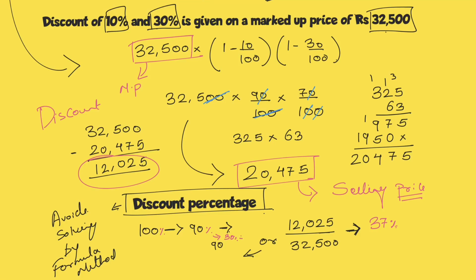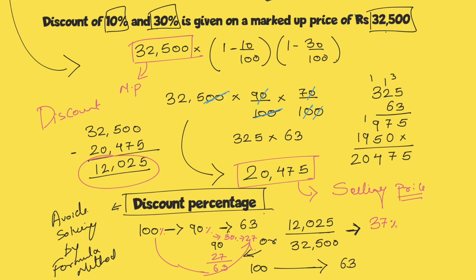So subtract 27 from your 90, which comes out to be 63, correct? Yes, 63. So 100% is reduced to 63%. What do we understand from this? So the discount given is nothing but 37%, which is 100 minus 63.